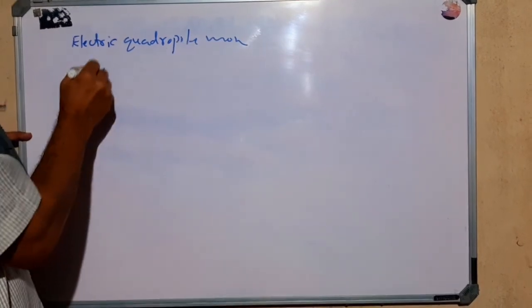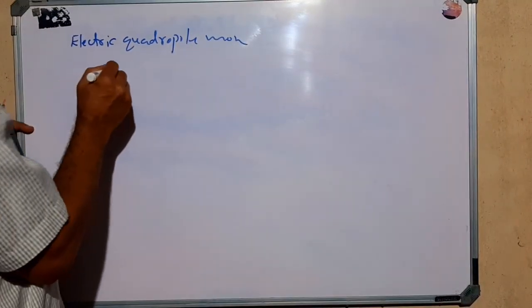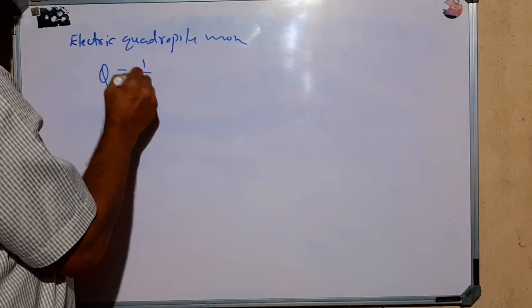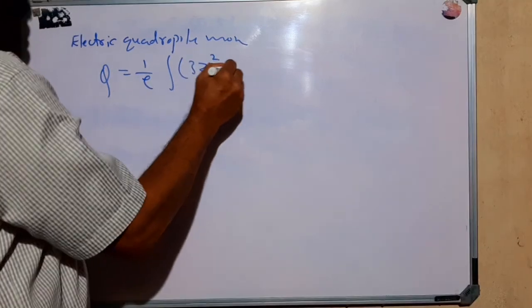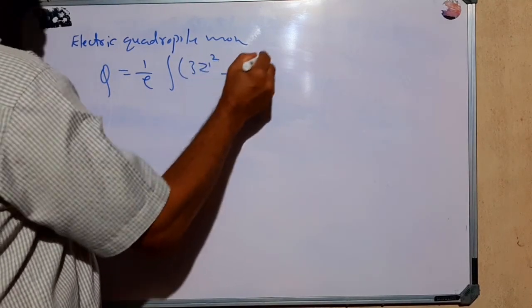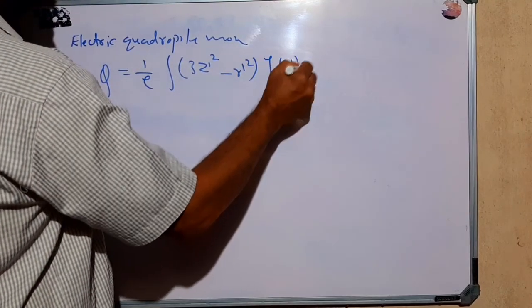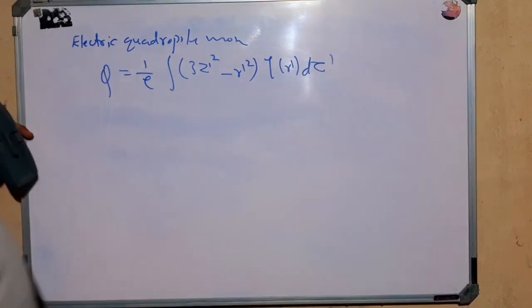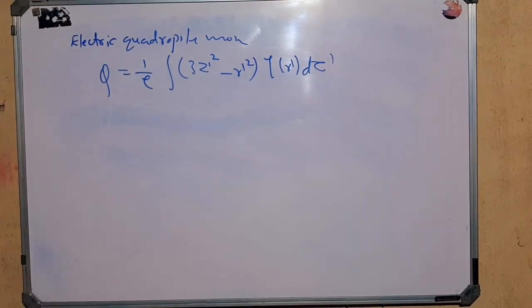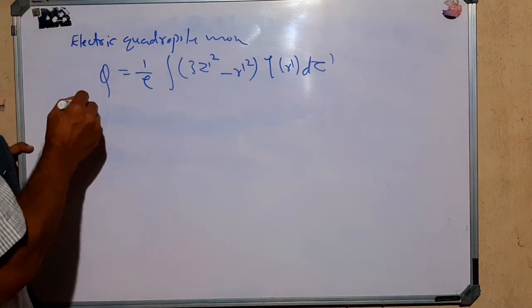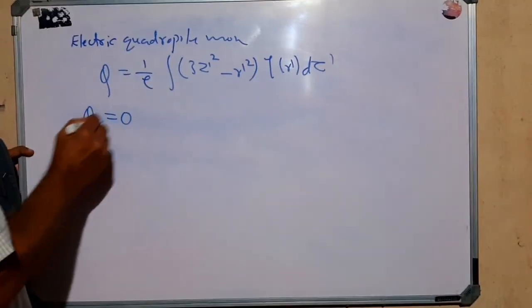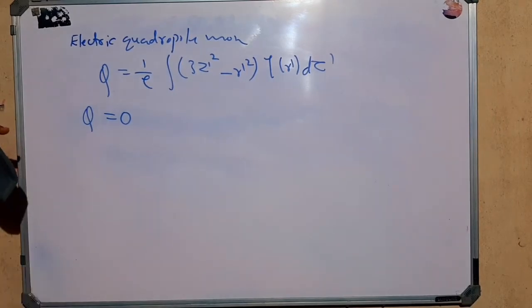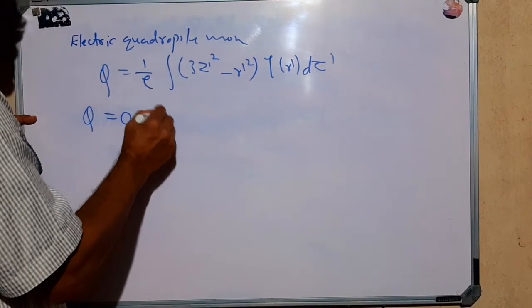It is given by, as you have studied, Q is equal to 1 by e integration of (3z square minus r square) rho(r') d tau'. If the electric quadrupole moment Q is equal to 0, then the nucleus is spherical in shape.